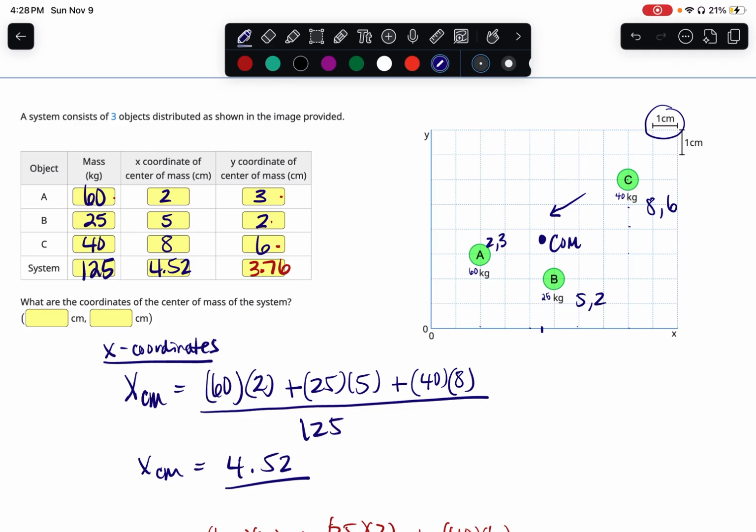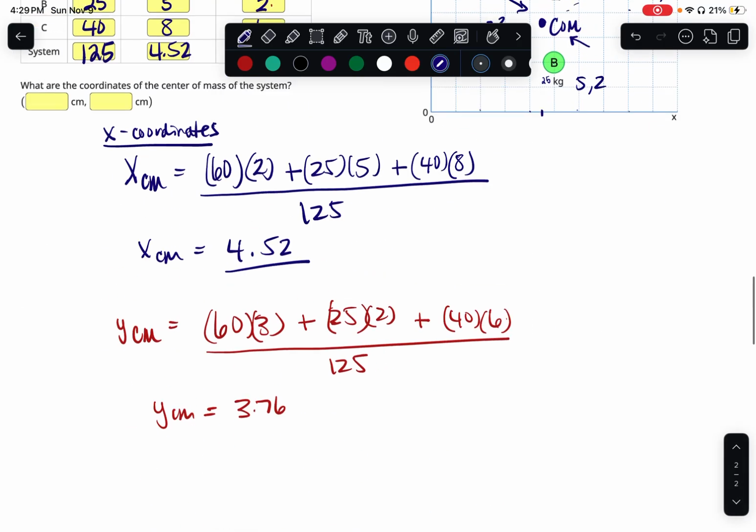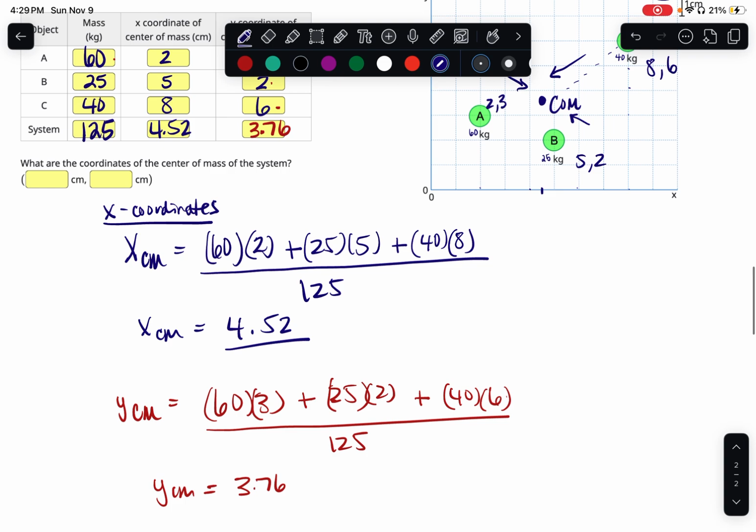And it would make sense that it is kind of shifted in from the sides, from A and B, so it's more along the midpoint of that. So that makes absolute sense that the center of mass would be there. Okay, and then for this, you're just taking these two and you're just putting them there. So it's going to be 4.52, 3.76.